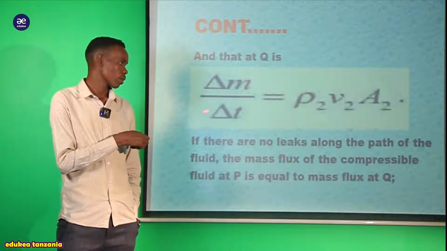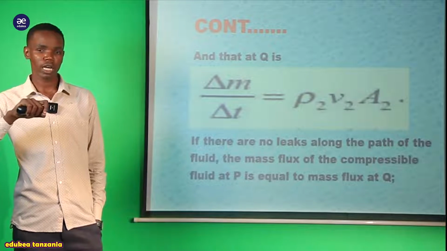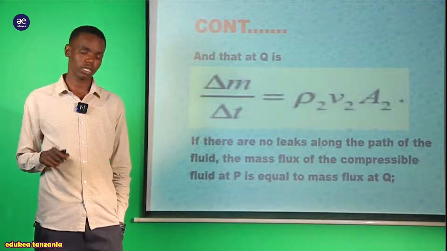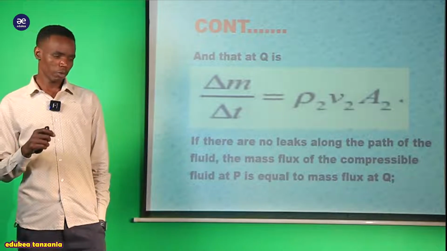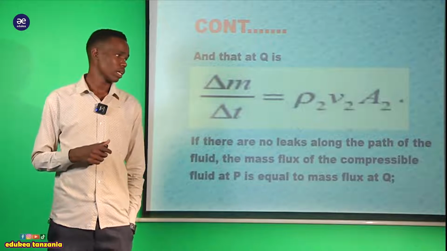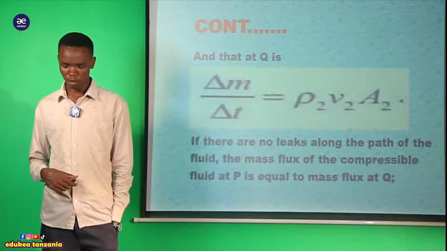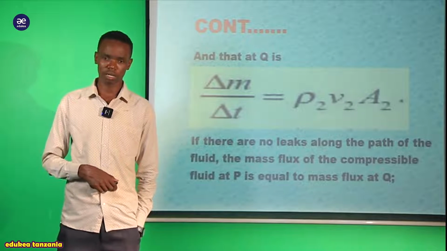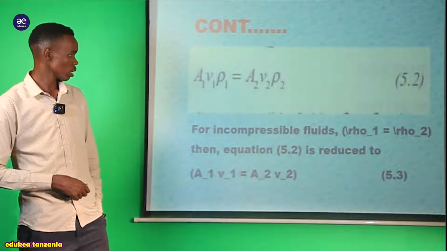This is the rate of mass of the liquid leaving at point Q. We get density 2, multiplied by the speed, multiplied by the cross-section area. This is how we express the rate of change of mass at point Q.